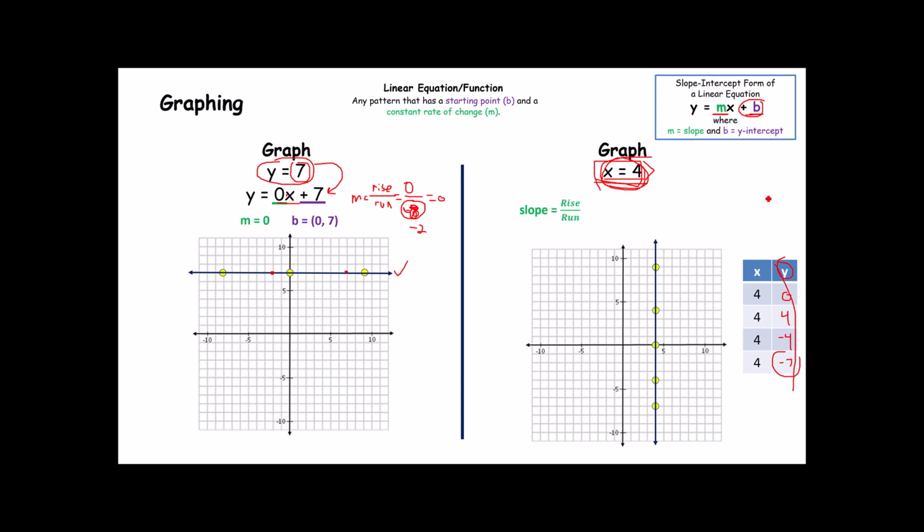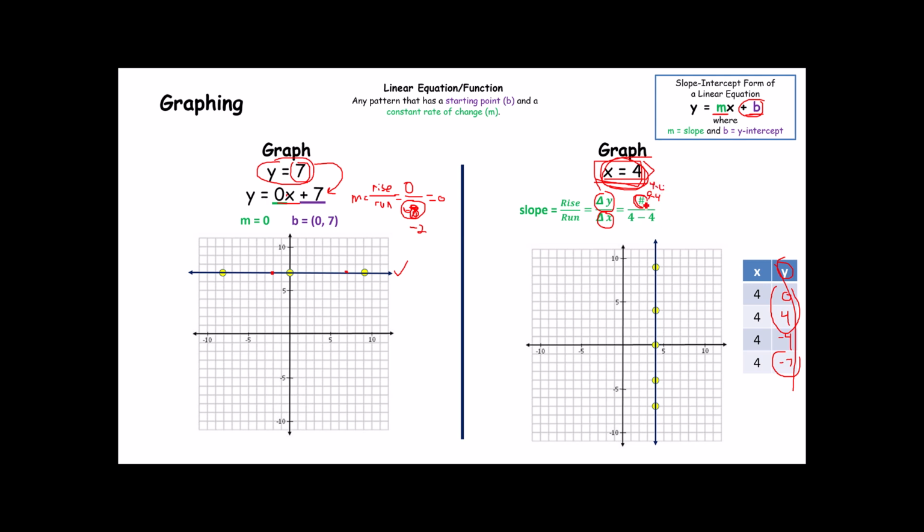Now, the other way we think of this is when we talk about the slope, the rise and the run. Remember, slope is how much y changes compared to how much x changes. Well, since y doesn't matter, y could be basically any number. If I wanted to use the 9 and the 4, I could say 9 minus 4 is a 5. If I wanted to use the 4 and the 0, I could say 4 minus 0 is 4.